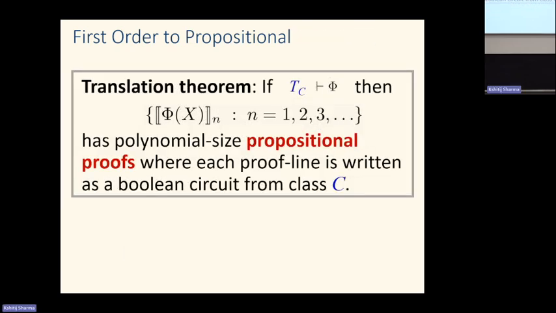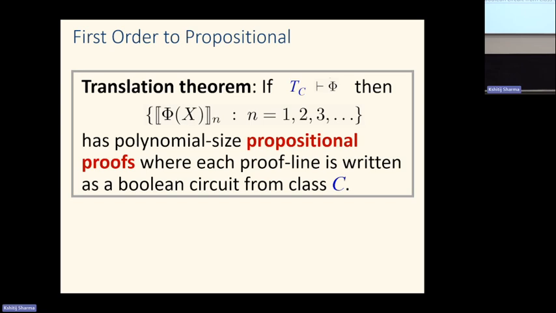And that's the statement here, the translation theorem, and why first order in this setup corresponds to propositional logic. It says the following: if the theory proves phi, then the family of propositional translations has polynomial size propositional proofs, where each proof line is written as a Boolean circuit from the class C. So what have we seen?